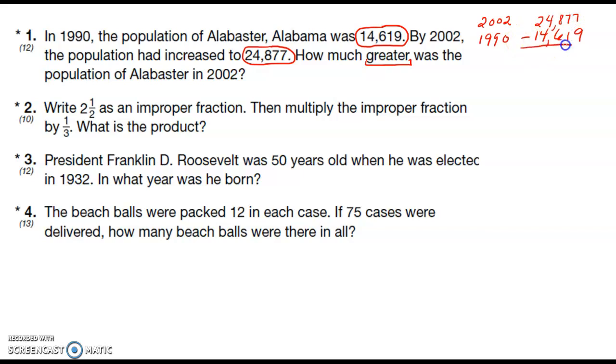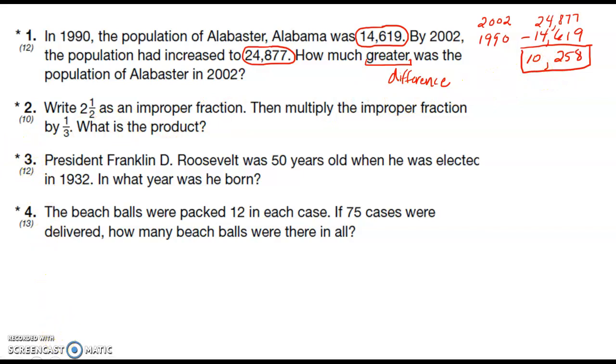And I'm going to subtract to find the difference. Let's see. 2, 4, 8, 7, 7 minus 1, 4, 6, 1, 9. There we go. So there are 10,258 more people in Alabaster, Alabama than there were in 1990.